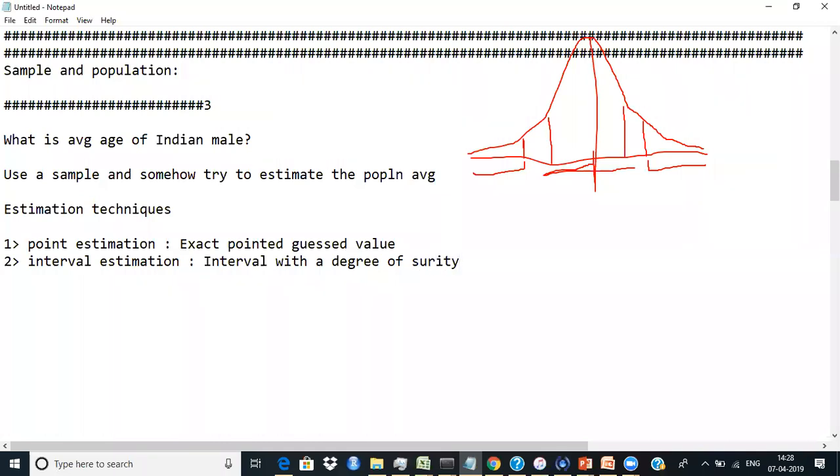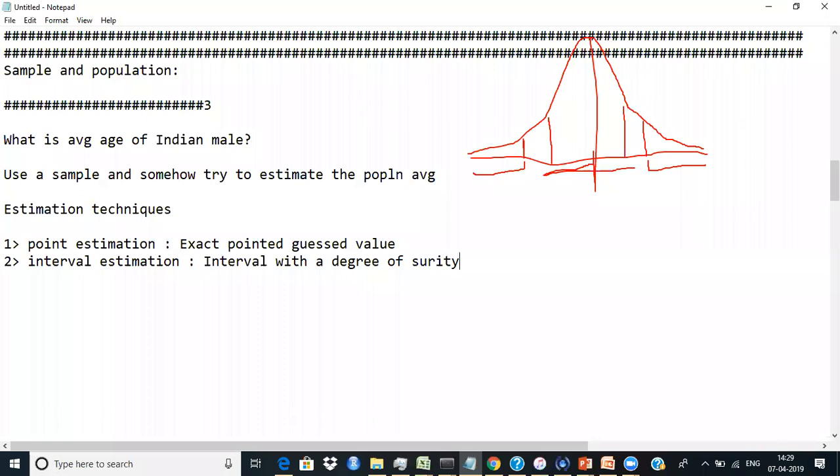Now, whenever somebody is asking you how much you are going to score, you typically say that I am 90% sure that I will score between 60 and 70. Right? You usually give a confidence along with the interval, right?